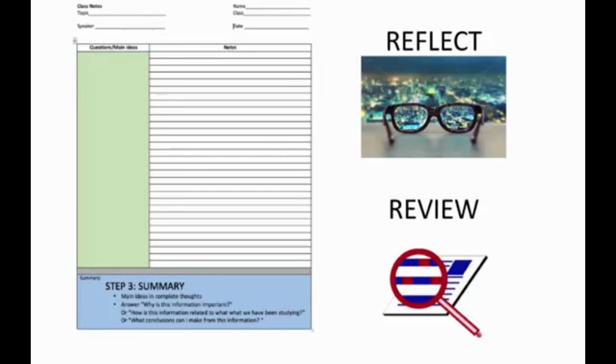Or how is this information related to what we've been studying in class? Or what conclusions can I make from this information? The importance of this step is to encourage you to reflect and review on material which, according to research, is the best strategy to remember information for an extended amount of time.